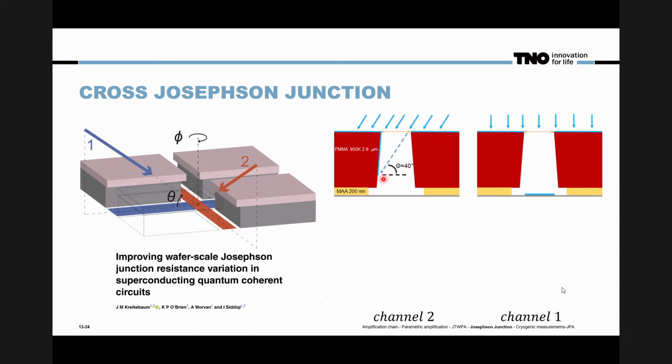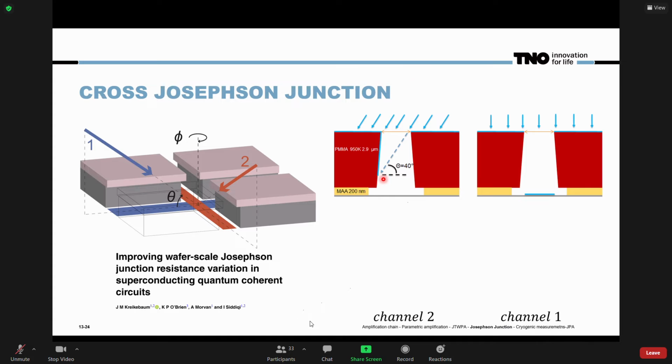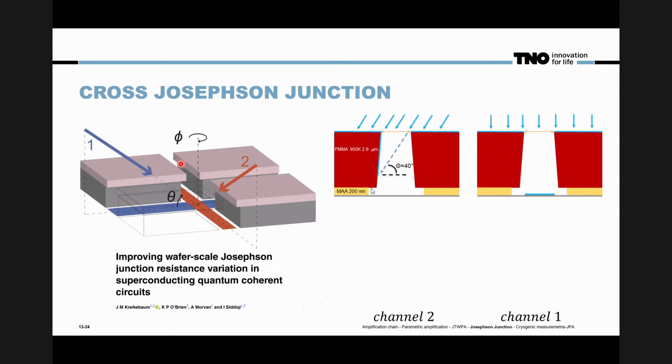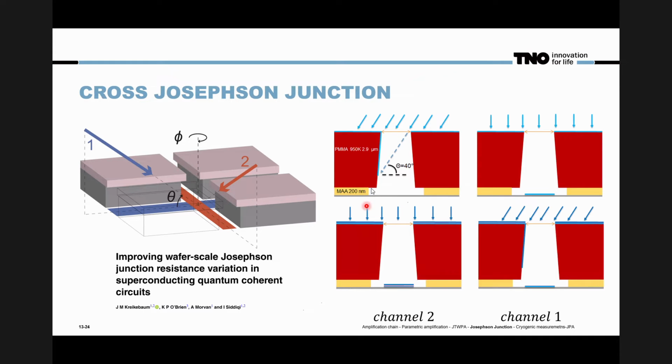After this, the sample is rotated by 90 degrees. And during the rotation, we oxidize the aluminum needed for the junctions. So we make the tunnel barrier, and then we do the same evaporation again.